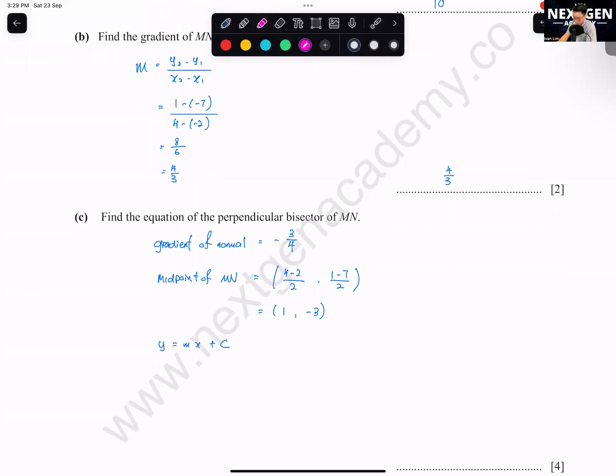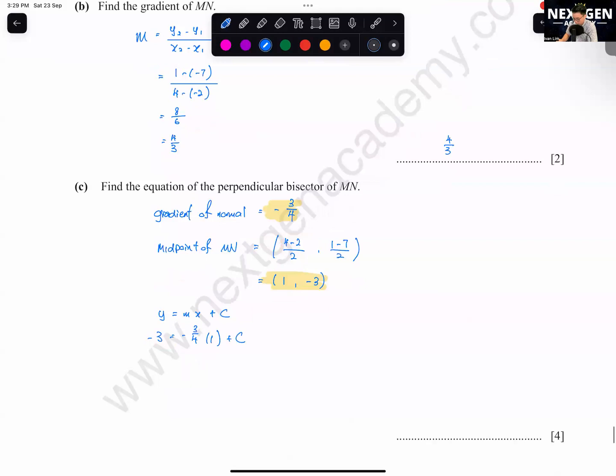Okay, so I'm going to use this value, -3 over 4 and 1, -3. Okay, what will you get here? So -3 equals to -3 over 4 times 1 plus c. C will be equals to -9 over 4. Okay, so you'll get final answer y equals to -3 over 4 x minus 9 over 4.